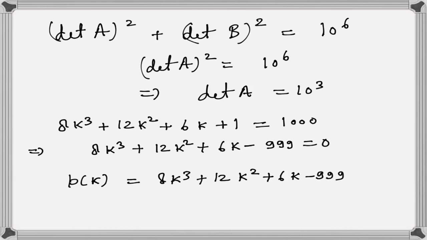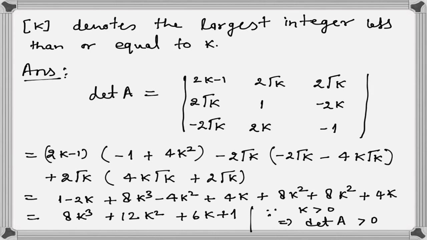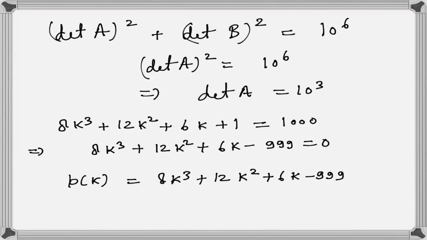So let's check this value for different values of k. So P(1) is 8 plus 12 plus 6 minus 999.